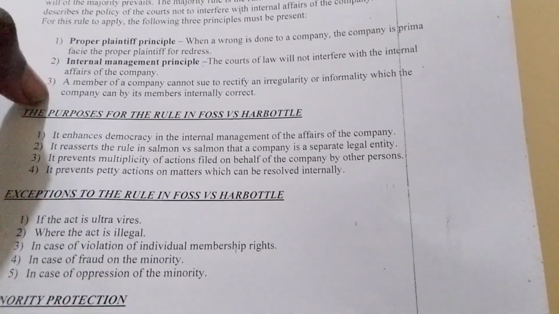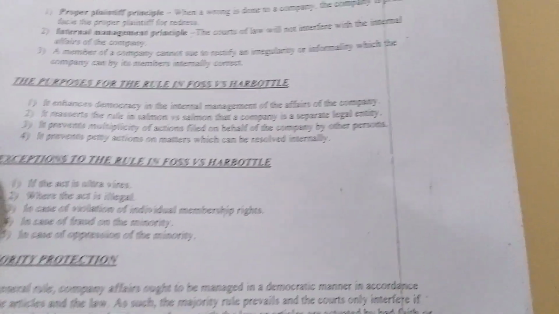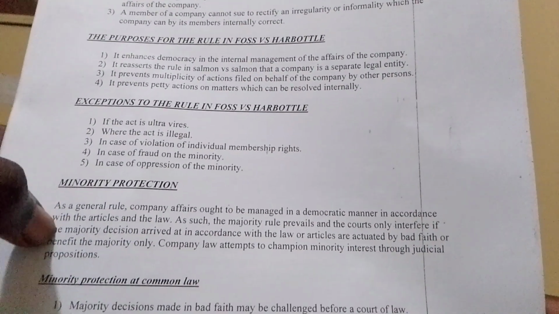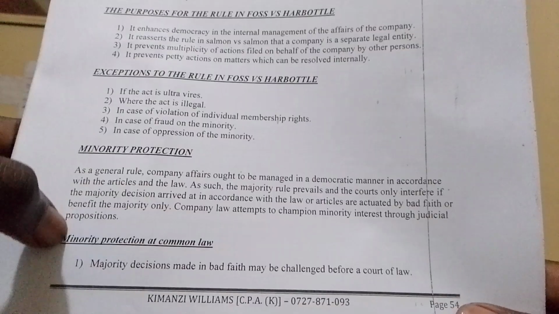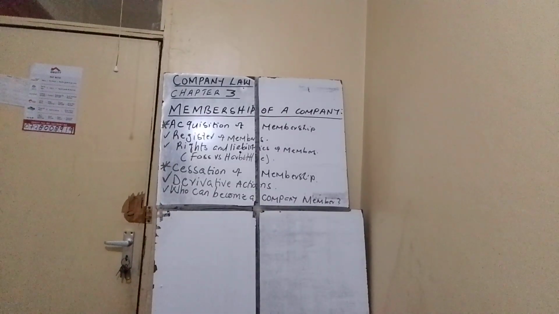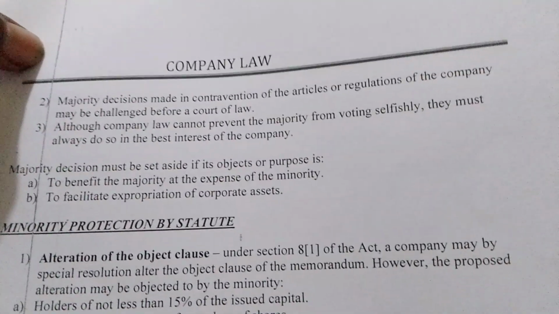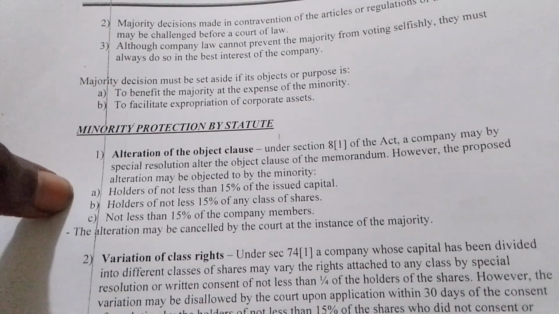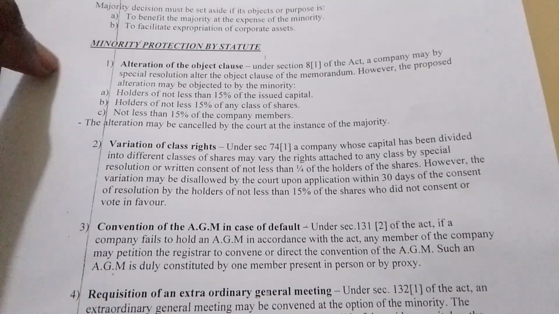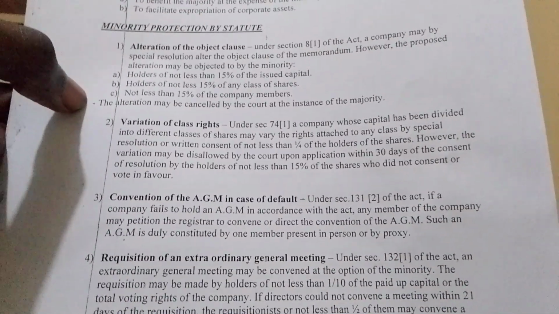The purpose for the rule, exemptions to the rule, minority protection can either be at common law or by statute. At common law we are free. By statute we have a variety. It's a protection of the minority.